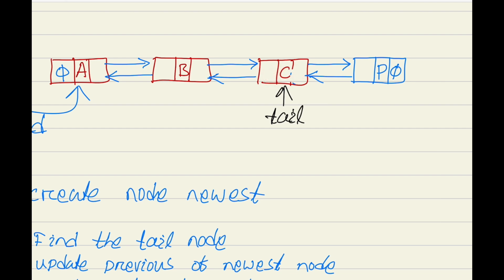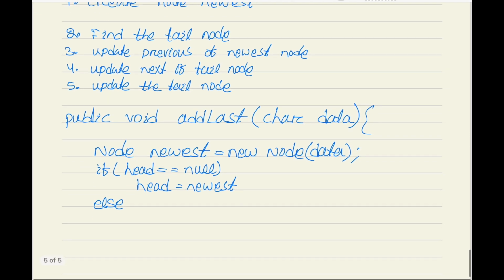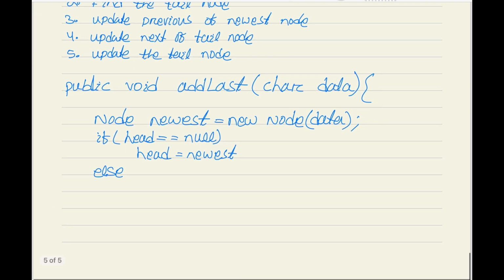Then in the next step, update the next of the tail node, that means we are going to update the next of this one. And in the next step, update the tail node, that means this tail becomes this one. So these are the steps we have already discussed. So assume by any means, by traversing or by taking one extra reference variable, we have the tail node.